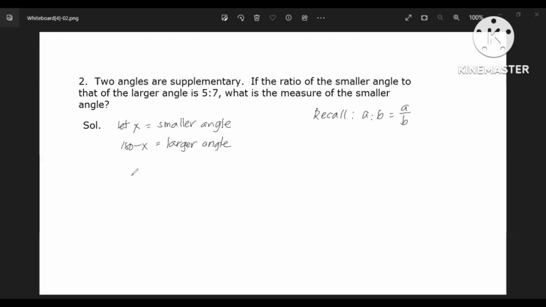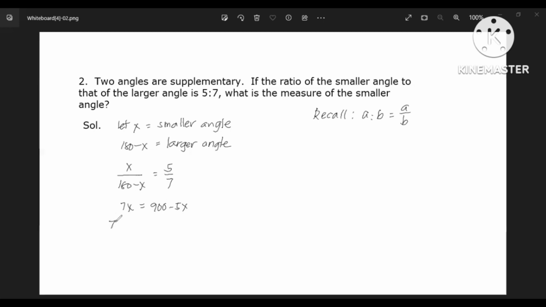So, by doing so, we have x over 180 minus x is equal to 5/7, since the ratio is 5:7. So to solve for x, we just cross multiply. So we have 7x is equal to 5 times 180, which is 900, minus 5x.